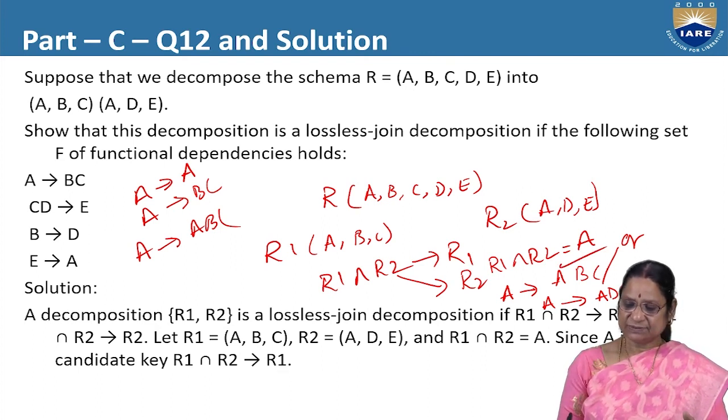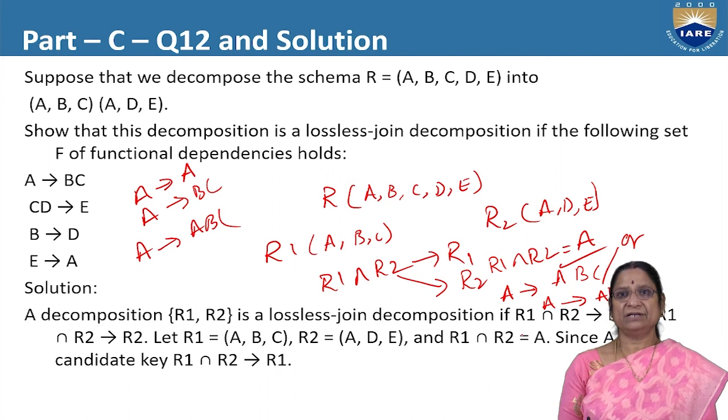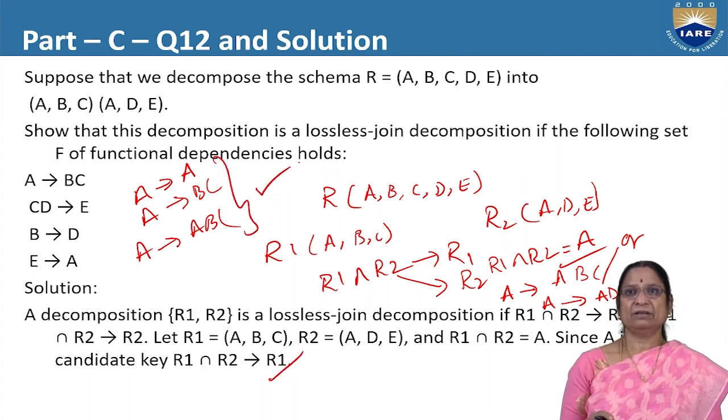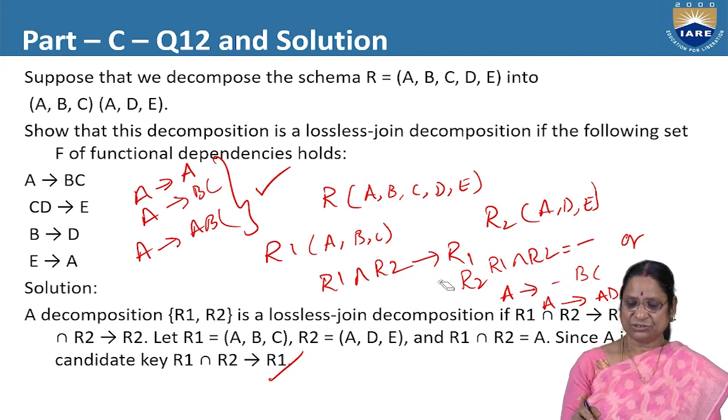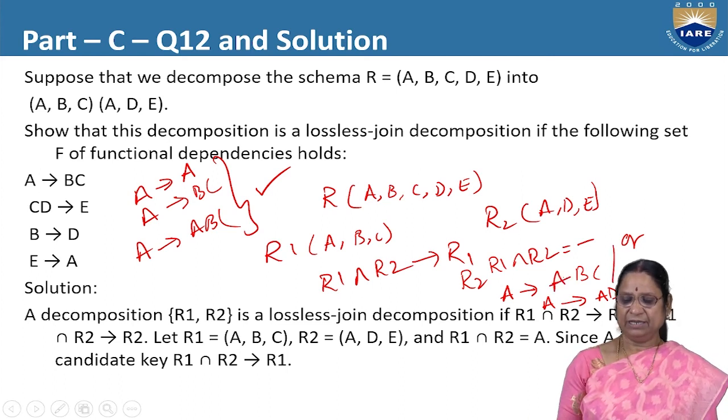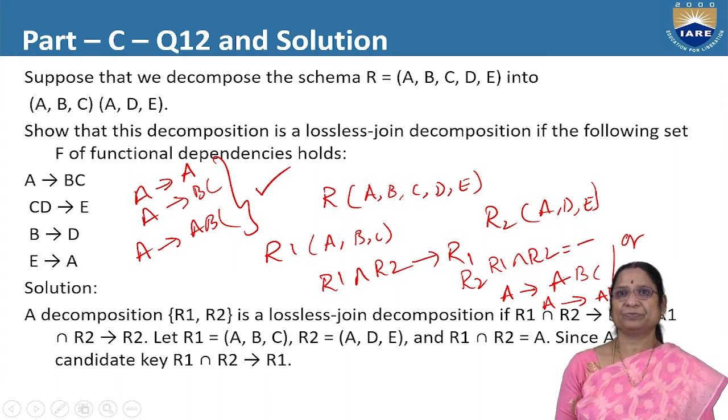That's why, in this case, R1 intersection R2 determines R1 holds good, and this decomposition is considered a lossless join decomposition. So A determines ABC, or A determines ADE must be satisfied.